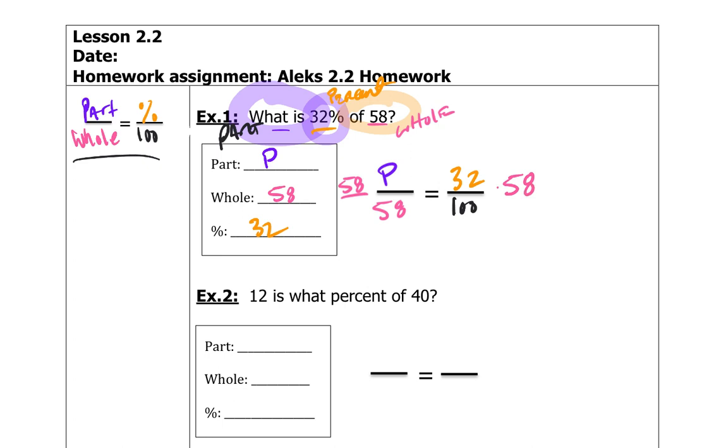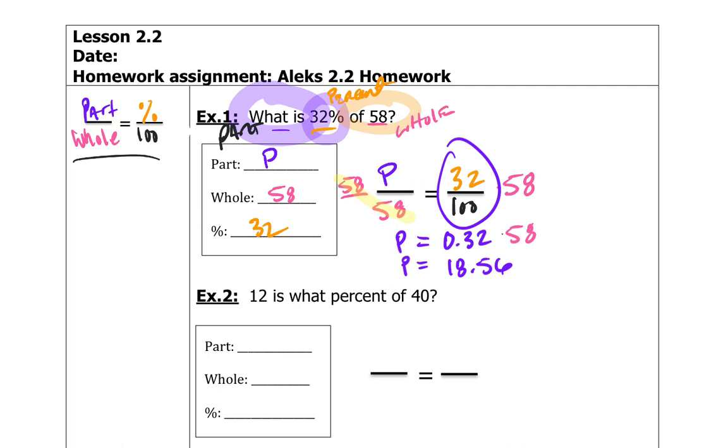When we do that, we just got rid of the 58. So now what we have is P equals, now we can do some math here. 32 divided by 100 is 0.32 times 58. You're going to get P equals 18.56.